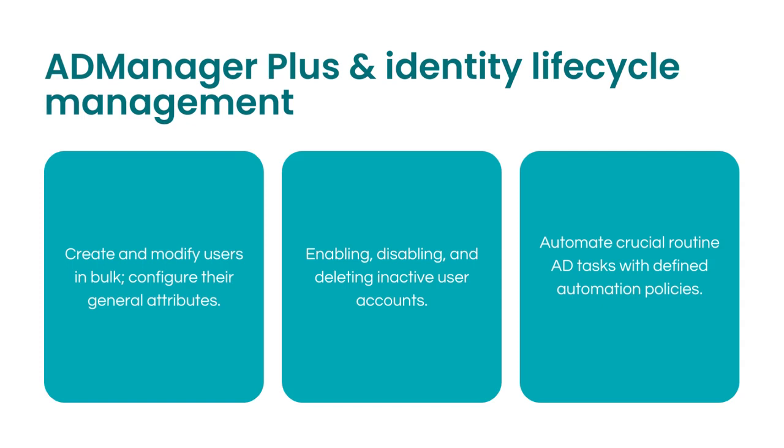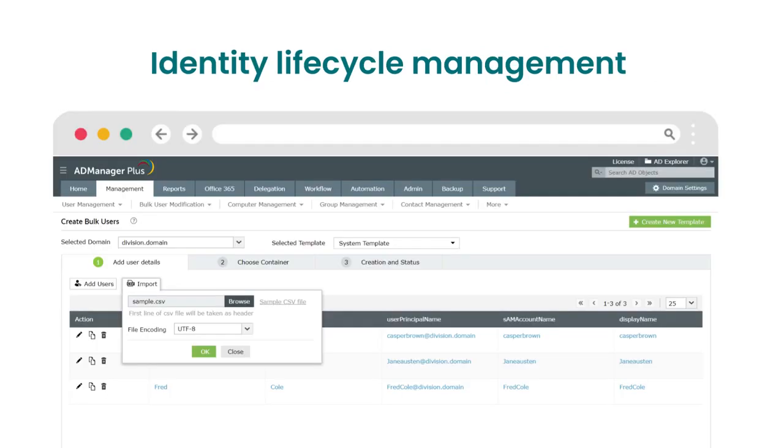You can create and then modify users in bulk and configure their general attributes as well. And this entire process of enabling, disabling, and deleting inactive user accounts can be handled very easily. All of these routine tasks can also be automated with defined automation policies. So this is how the console looks.